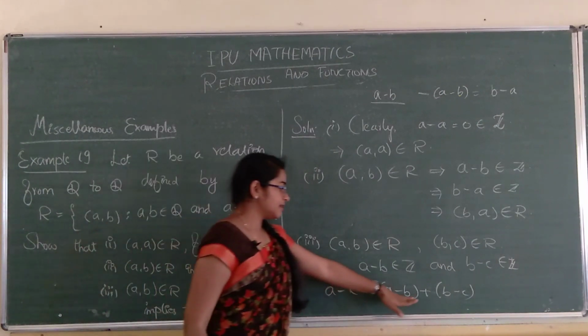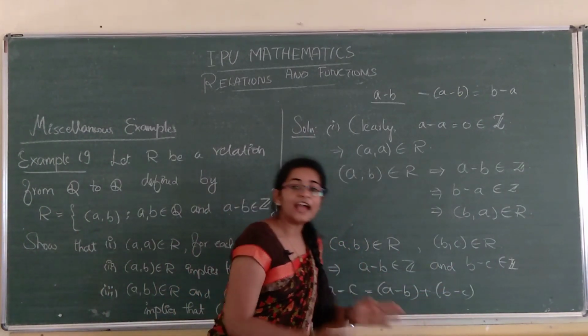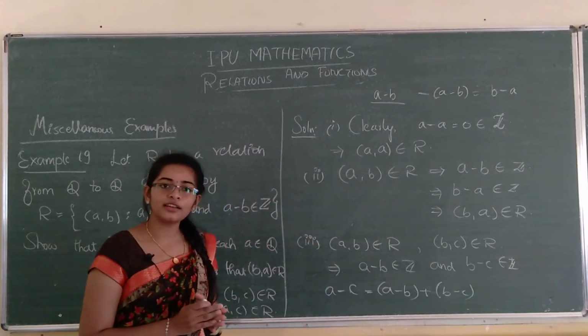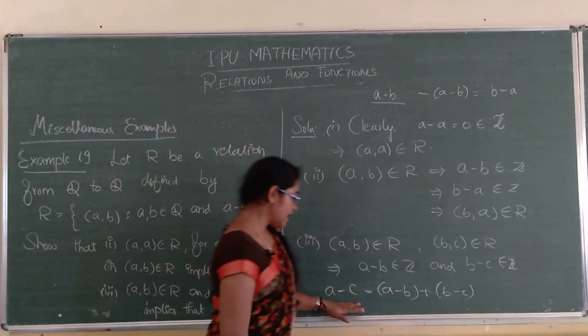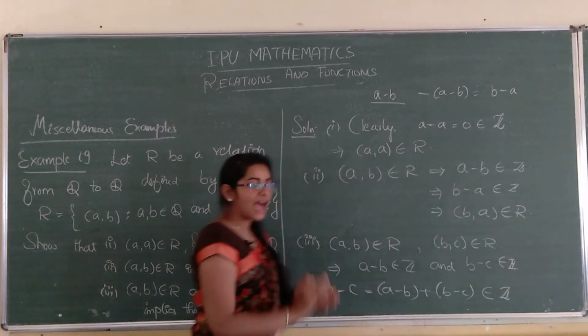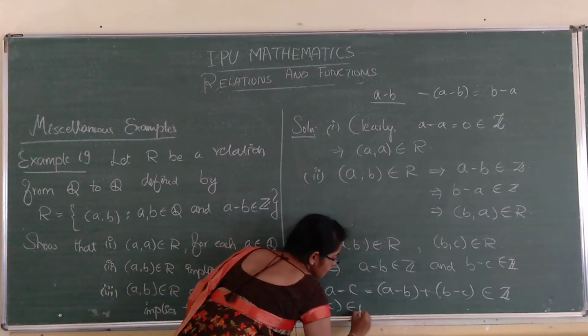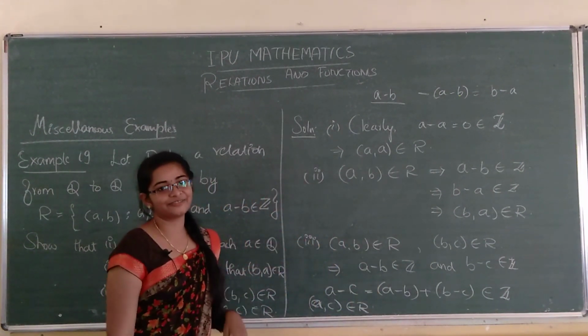These two are integers, and adding any two integers will yield again an integer. So a minus c is also an integer. That means the ordered pair (a, c) belongs to the relation R.